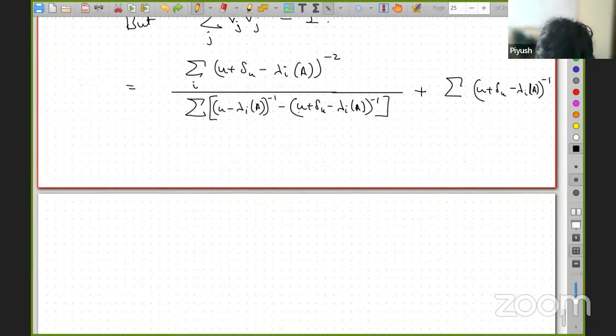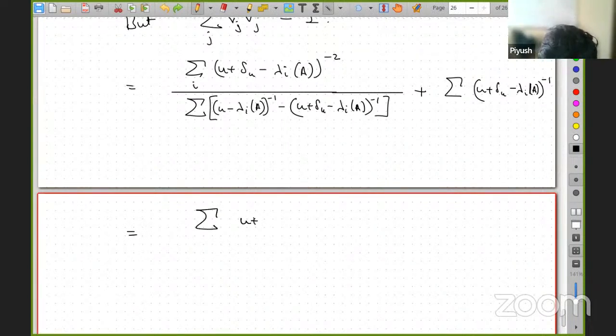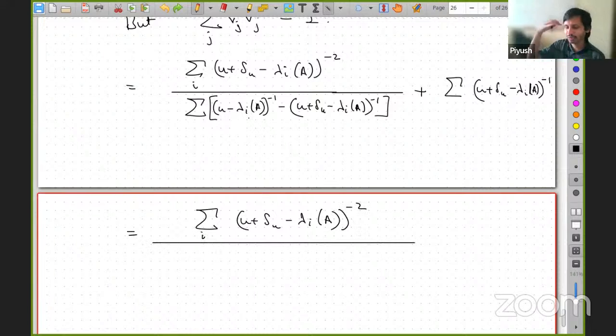So what does this simplify to? Here you have the power minus 2. And what is this? It's 1 over u minus lambda i minus 1 over u plus delta u minus lambda i.